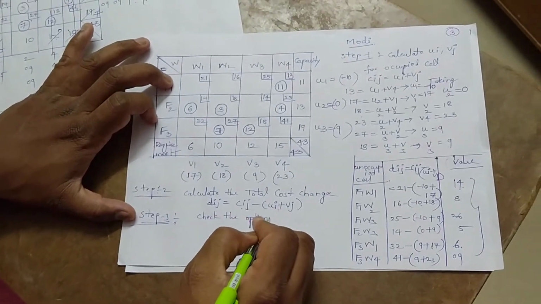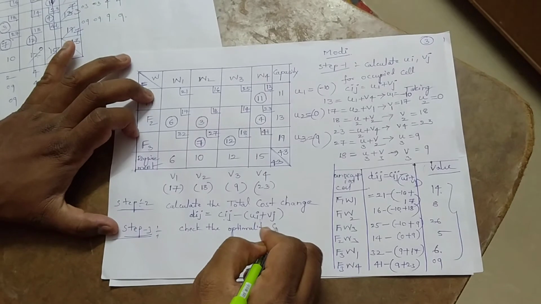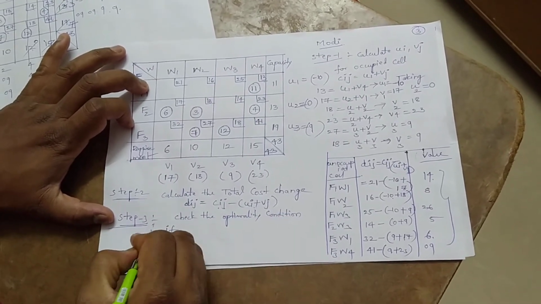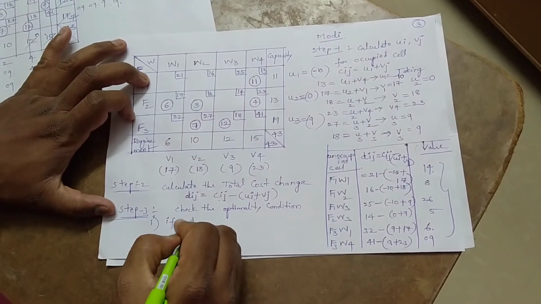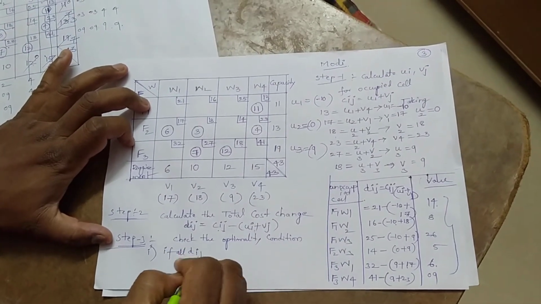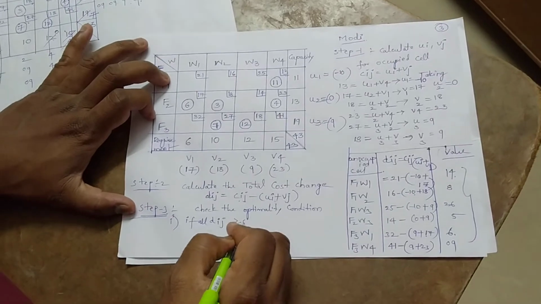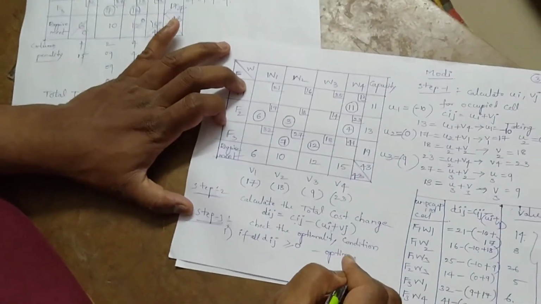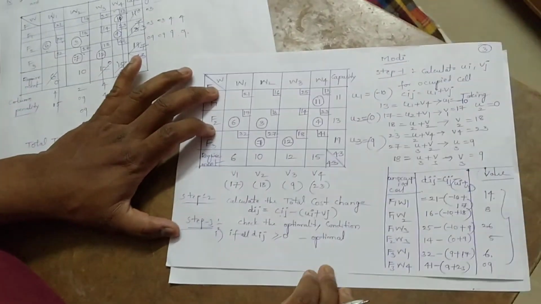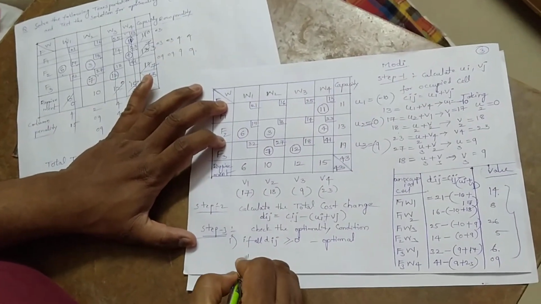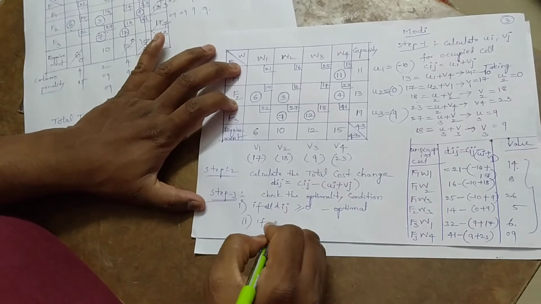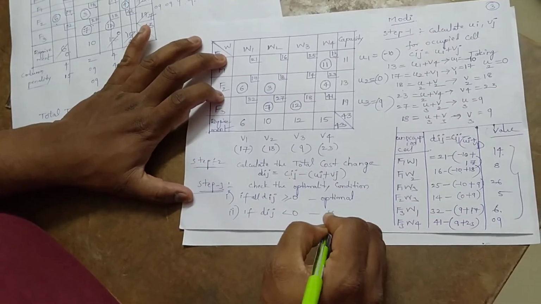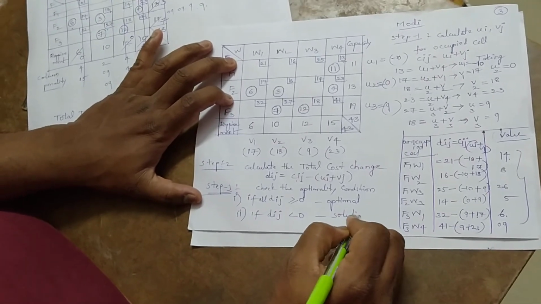So what is the optimality condition? I told you, the first one is, if all the dij values are greater than or equal to 0, then it is optimal. The second one is, if any dij values are less than 0, the solution needs improvement.